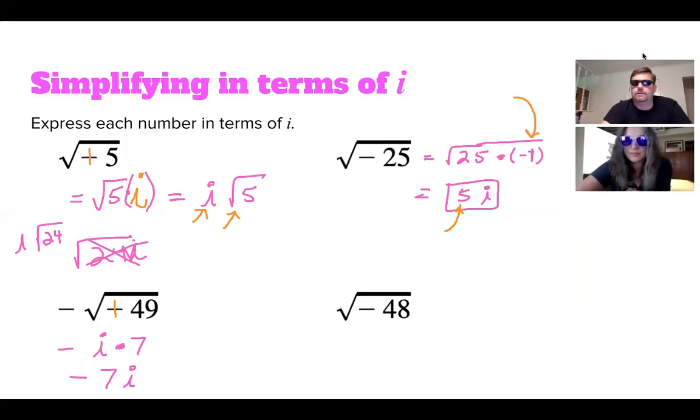Now the last one down there in the bottom right, 48 is not perfect. Hi, Leo. That's not a perfect square. It's close to a perfect square, but it ain't. So I have to simplify radicals. Now, there's lots of different ways of doing this, but I'm looking for the biggest perfect square that divides 48.